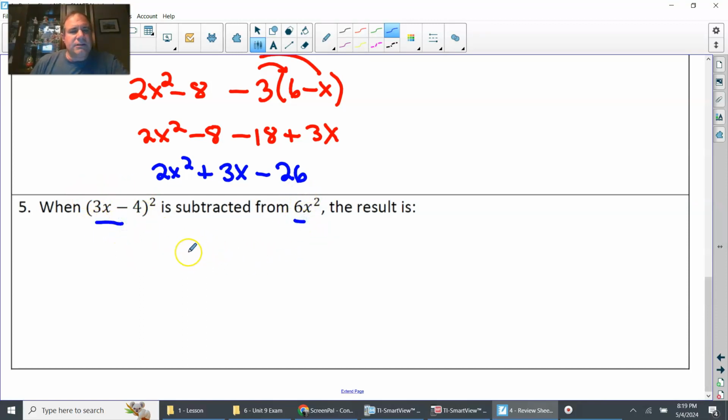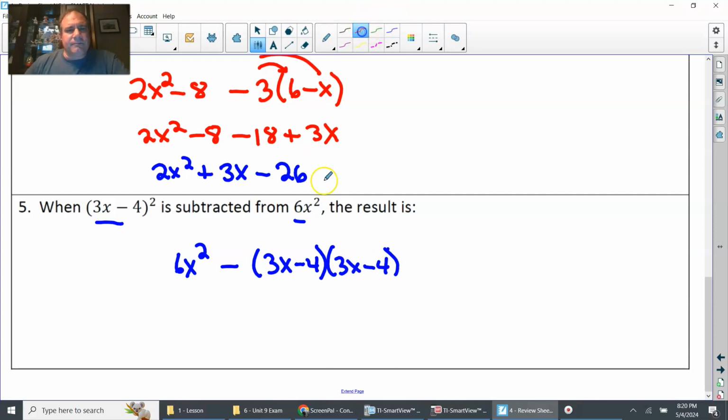So that means 6x squared comes first. It's being subtracted from this. So we're just going to put 3x minus 4 times 3x minus 4.